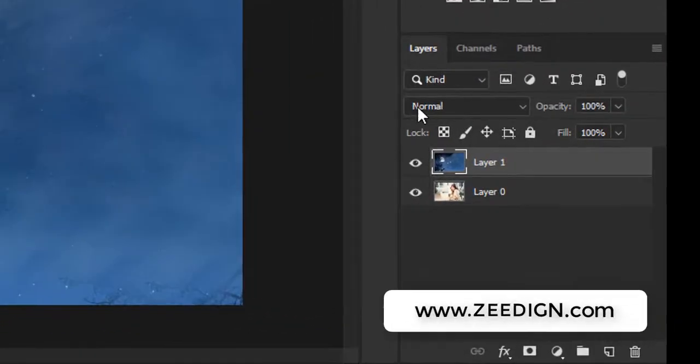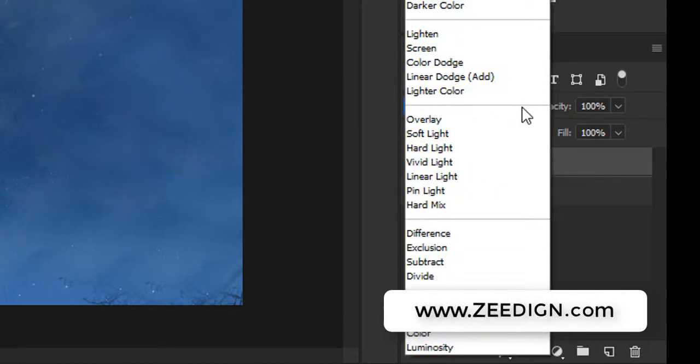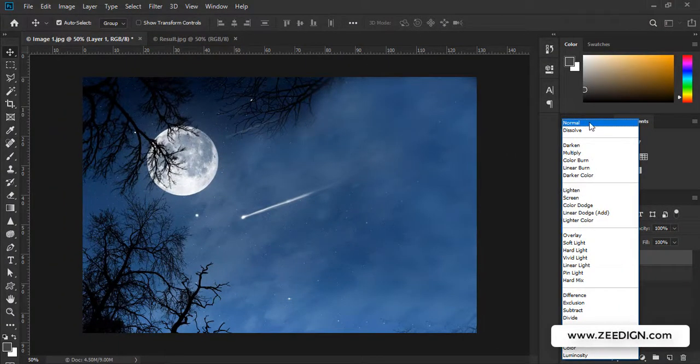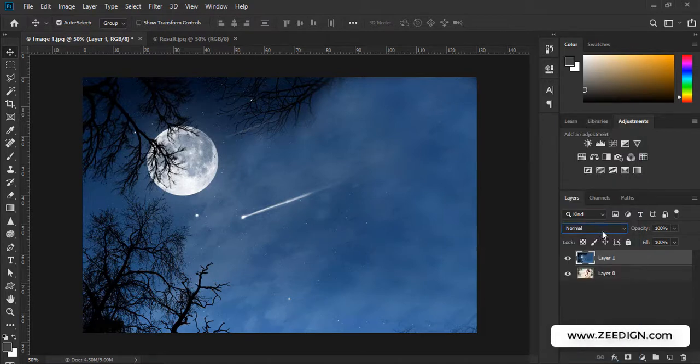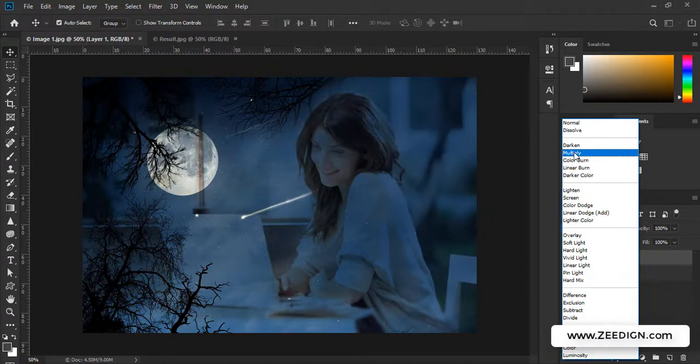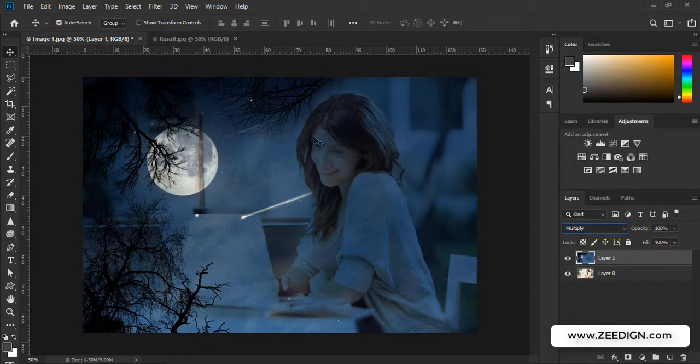Now here, I will zoom to this part. This section in the layer panel is where you can access the blend modes, and it's a long list of options. You will notice by default it is normal, but if I click on something, let's go with multiply, which is most commonly used in Adobe Photoshop, you will notice how you can see some sort of preview of the layer in the bottom.